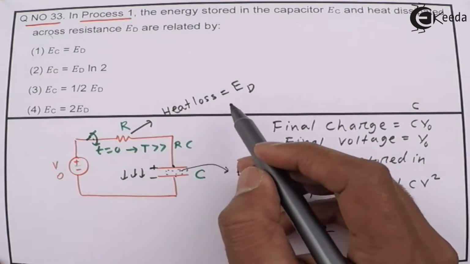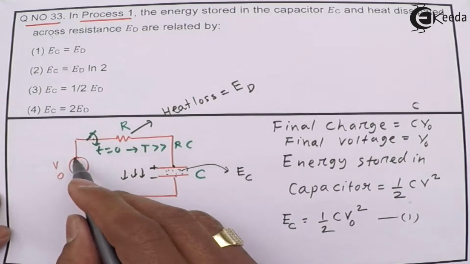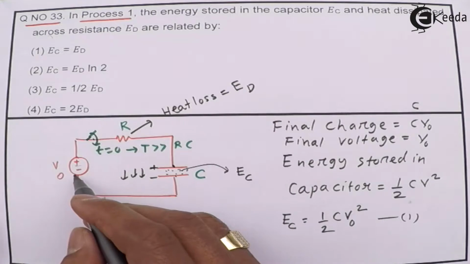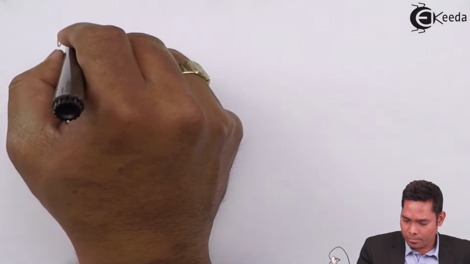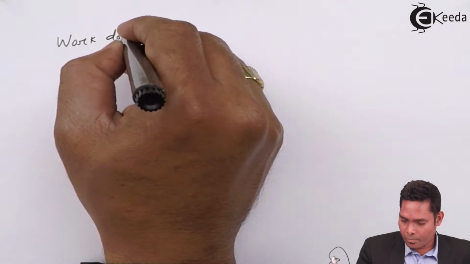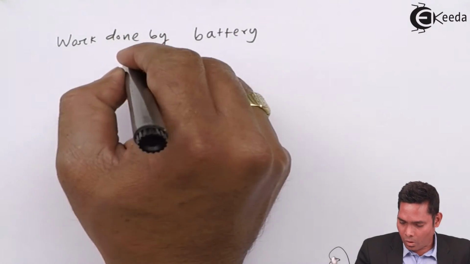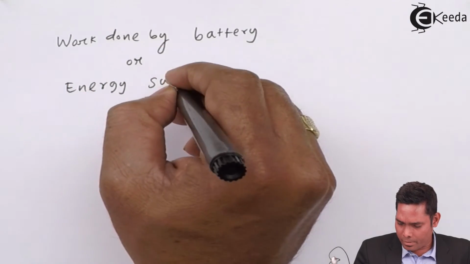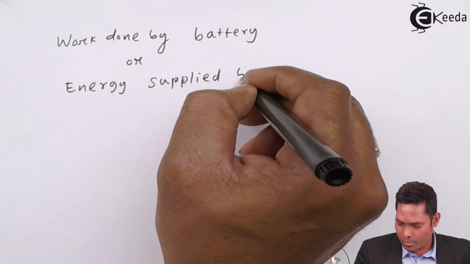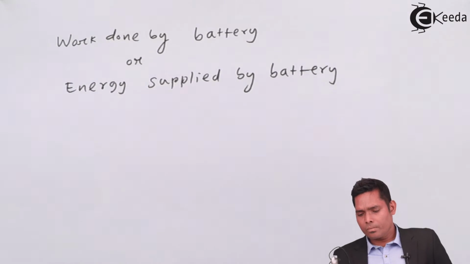What about the heat loss? What about the energy supplied by this battery or the cell? The energy, or work done by the battery, is the energy supplied by the battery.